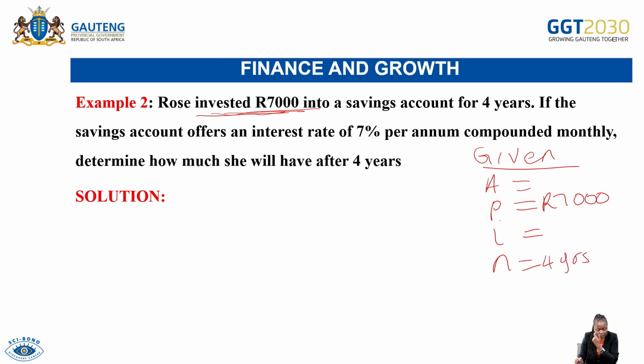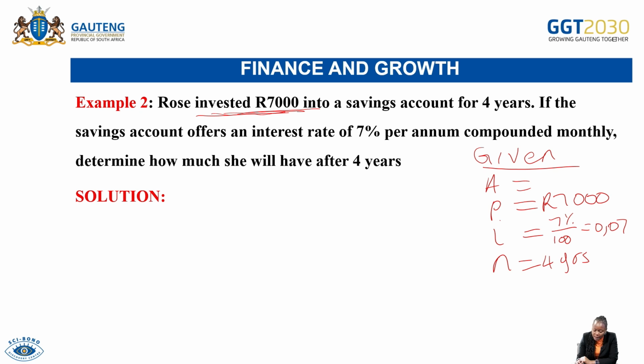Okay, the savings account offers an interest rate of 7% per annum compounded monthly, so it means your interest rate is going to be given as 7%, right? Remember, you don't just substitute it as 7%. So you say 7% divided by 100, you'll get 0,07. Always make sure that you divide by 100.